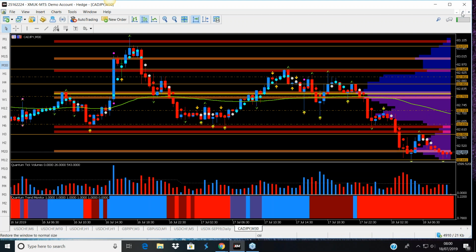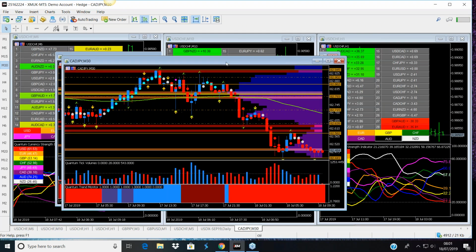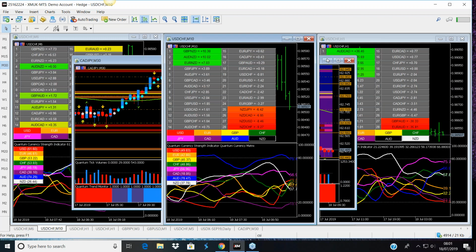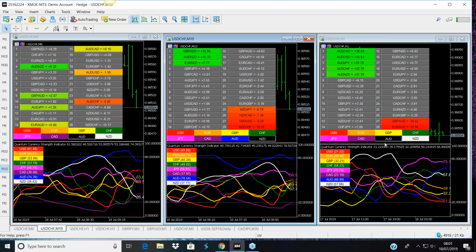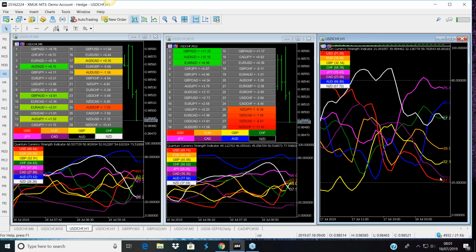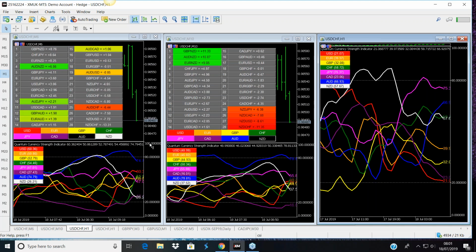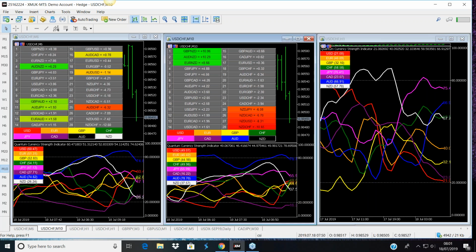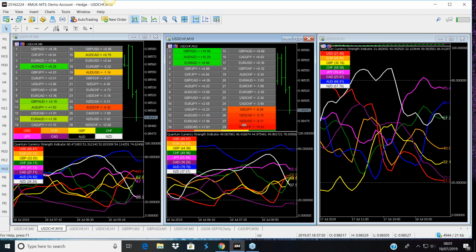And what I was just going to say, going back to the indicators themselves, is when we look at the hourly chart, have a look here, and we look at the lines, and we were looking at the Aussie Canadian. We can see there was more scope in the Aussie and possibly more scope for selling in the Canadian. The indicators at the faster time frame are also highlighting those corrections.